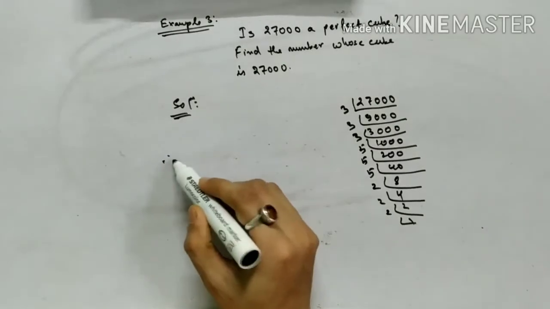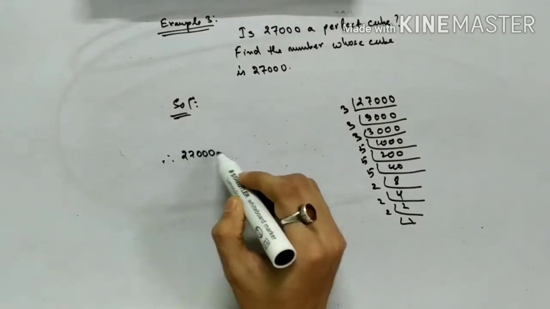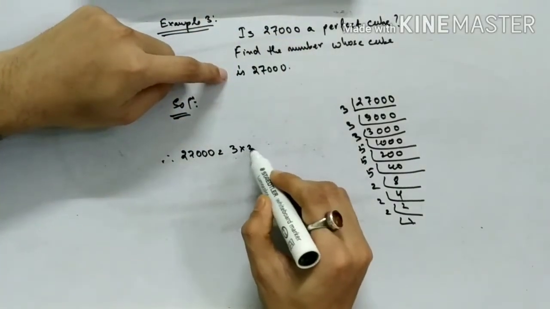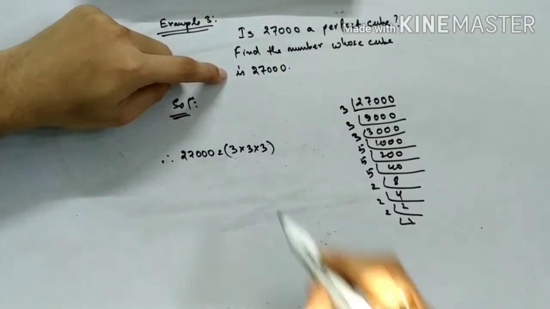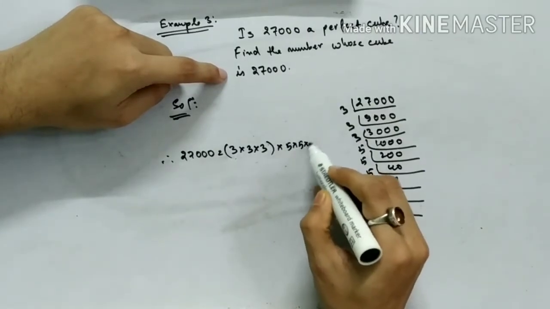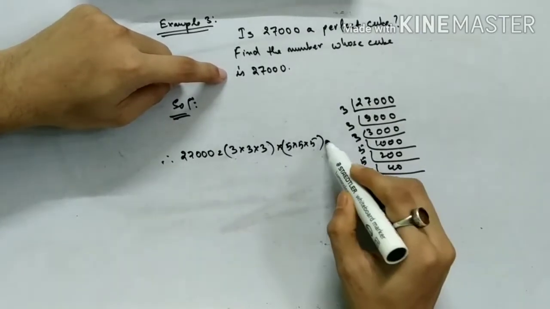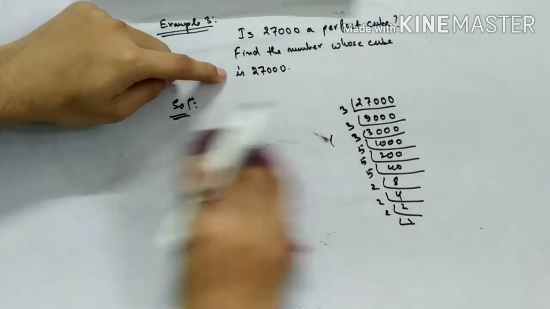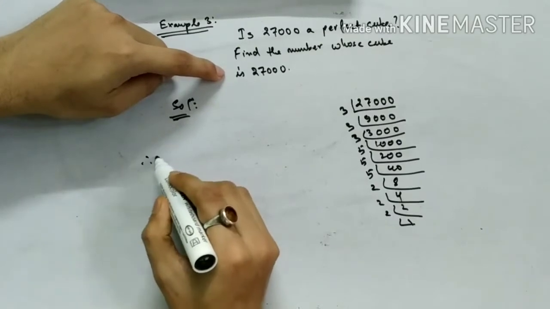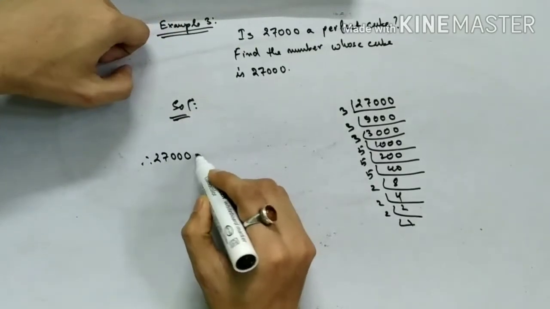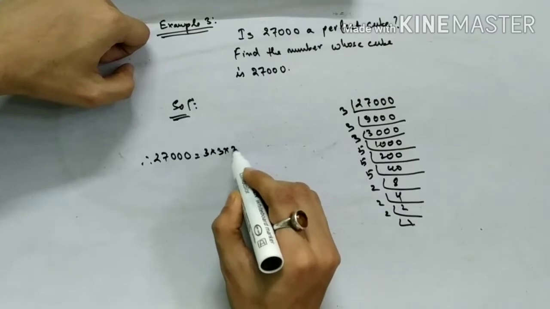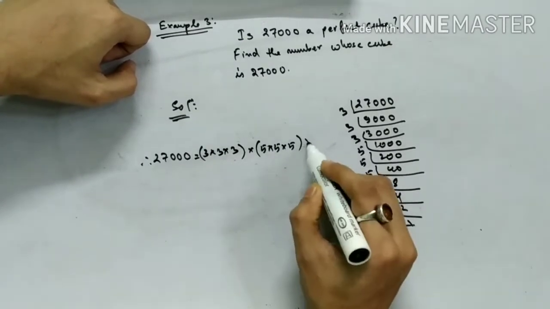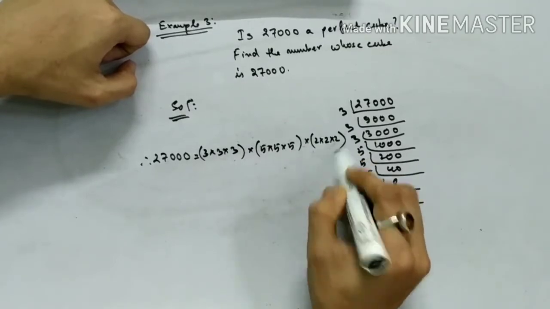So now I can write 27000 is equal to 3 into 3 into 3, this is one group, into 5 into 5 into 5, this is one group, and into 2 into 2 into 2.